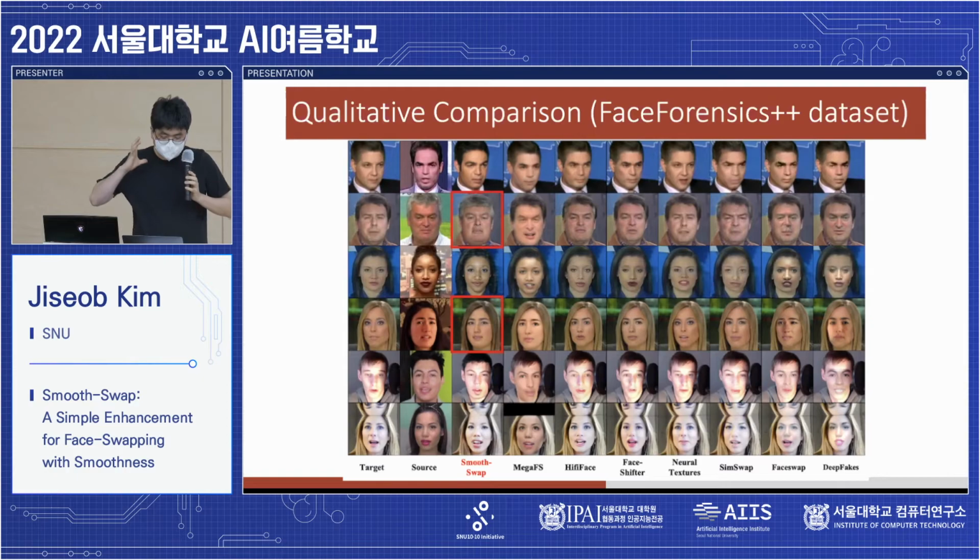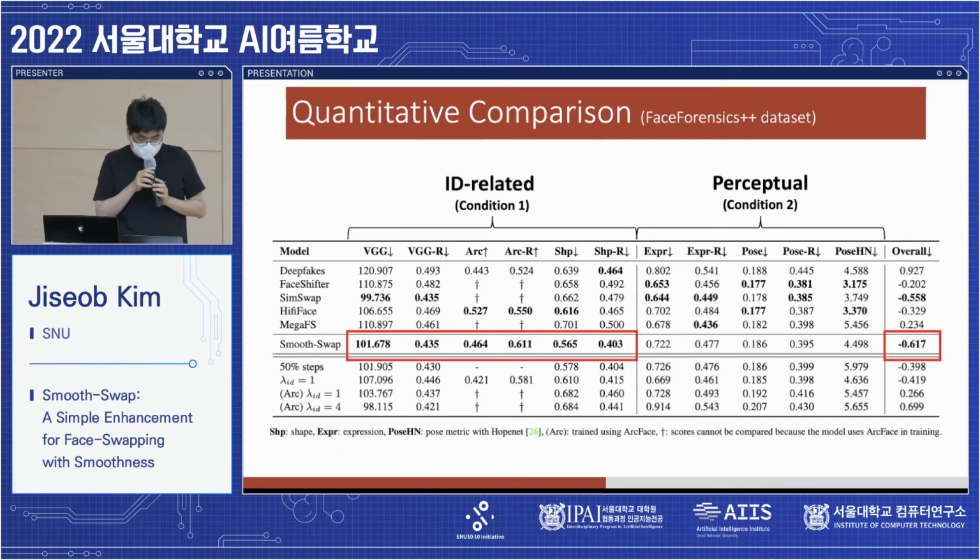So the chin has grown round. And quantitatively, we also achieved state-of-the-art results for the identity-related scores. We are not as good as the previous models in perceptual scores, which is condition 2, but on the overall score, we achieved the best.